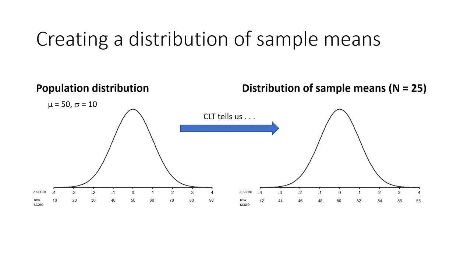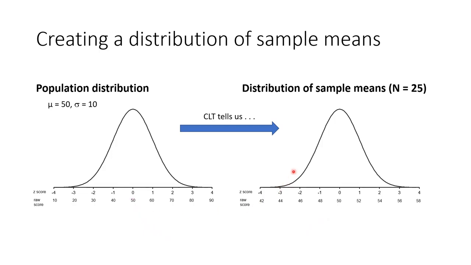So to review briefly, the central limit theorem tells us we don't have to go through all the trouble of taking every possible sample, plotting its mean, and doing it over and over again. We don't have to go through all that trouble because the central limit theorem tells us the characteristics of the distribution of sample means. We know ahead of time that the distribution of sample means will be centered on the population mean.